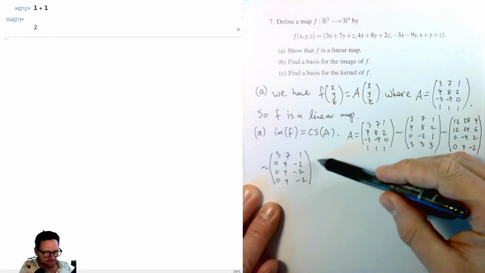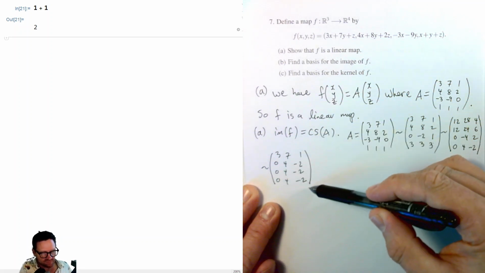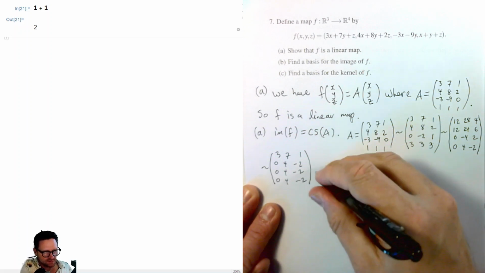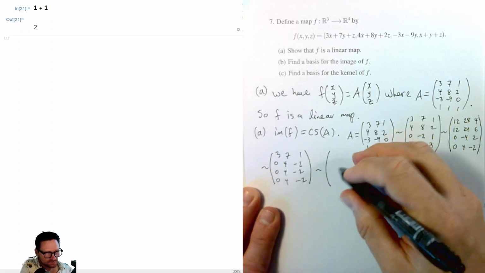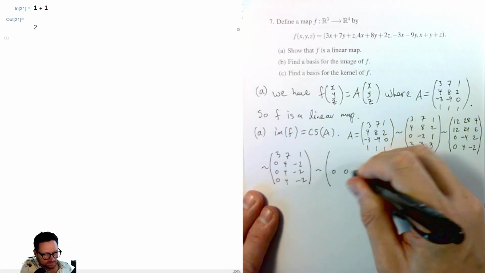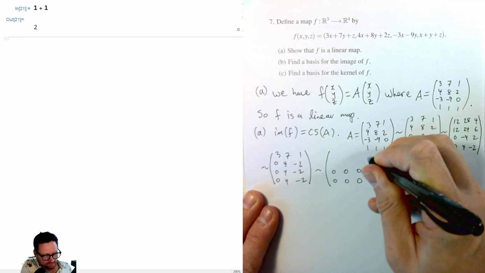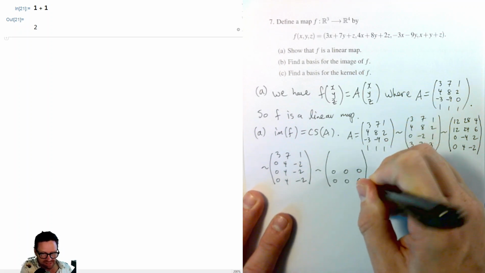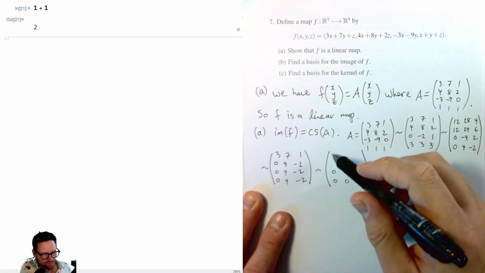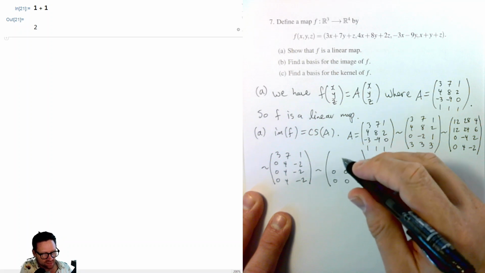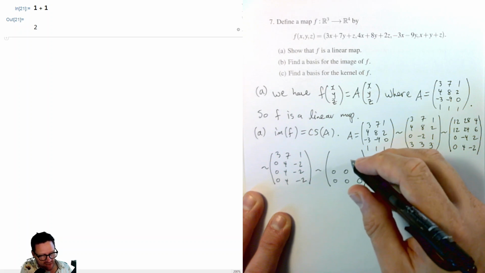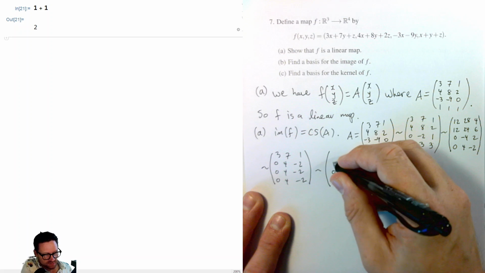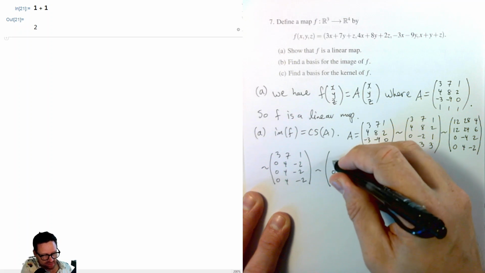We can see that rows 2, 3, and 4 are identical. So we're going to get 2 rows of zeros. Okay, next let's replace row 2 with a half row 2 times 7.